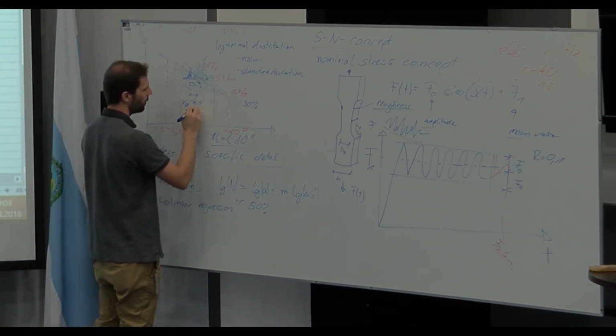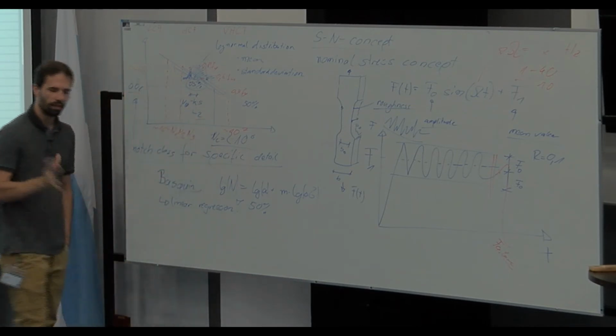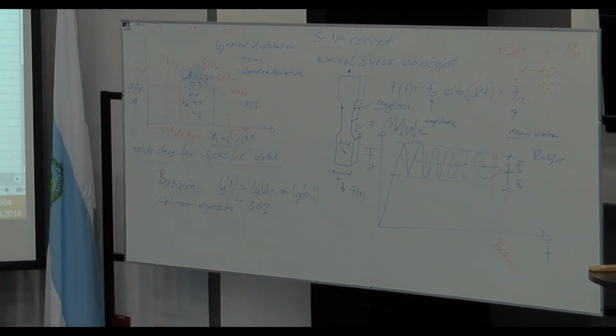And the k in the practical assumption is usually defined by 2. And this is at the end what is basically done if you go for the evaluation of a fatigue test.